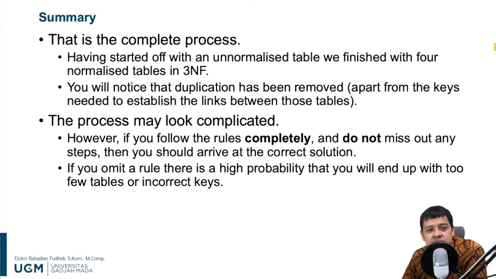And please do not miss any steps, then you should arrive at the correct solution. If you omit any rule, there is a high probability that you will end up with too few tables or incorrect keys. So if you omit a rule or run a rule wrongly, there may be consequences, a higher probability of too few tables or incorrect keys.